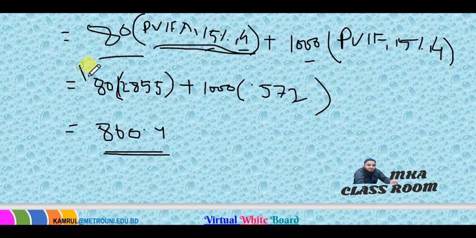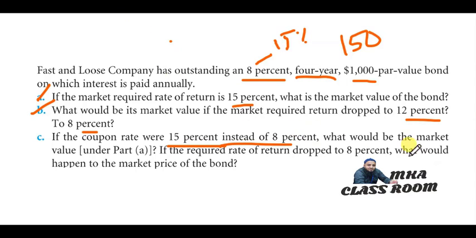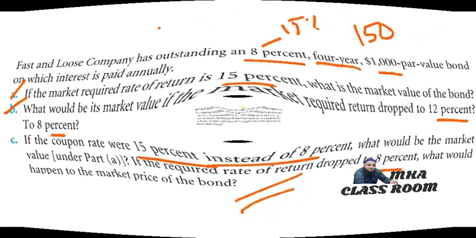Here you will put down 150 instead of 80. Then what would be the market value if the required rate of return dropped to 8%? Here our required return is 15%, then that is dropped to 8%. What would happen to the market price of the bond? If you calculate it at home, you can solve it easily.